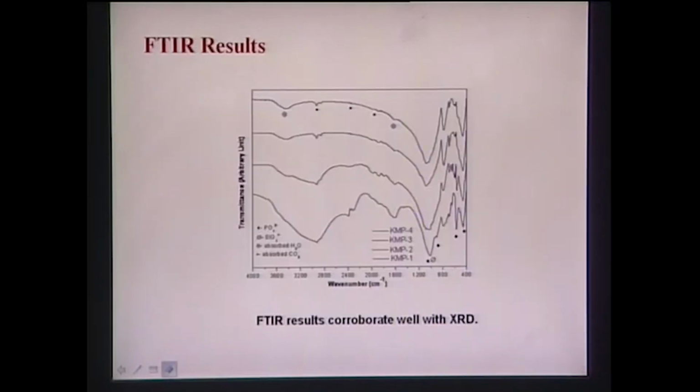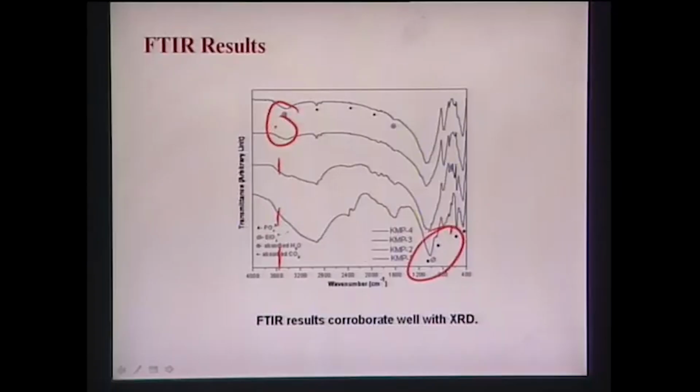Now, FTIR spectra essentially tell you that you have a pure phosphate peak in this material, and also you have some vibration peak, which is roughly around here. This vibration peak essentially tells you that this material has some hydrated phosphate phase, and this phosphate phase indicates that you have MgKPO4 also, because you have the silicate phase and you also have the MgKPO4 phase.